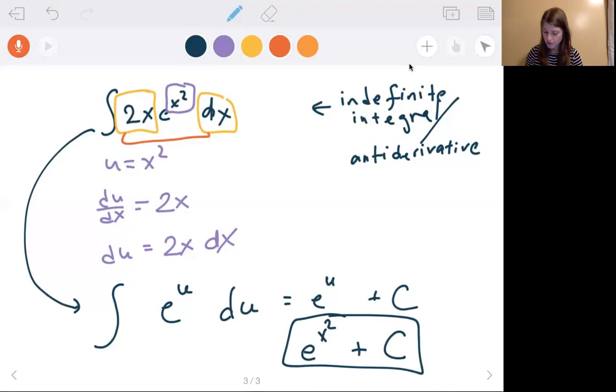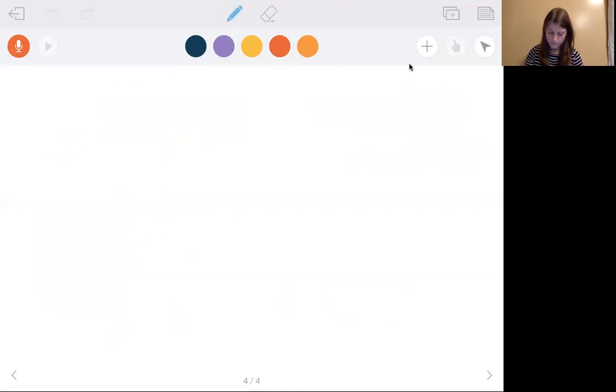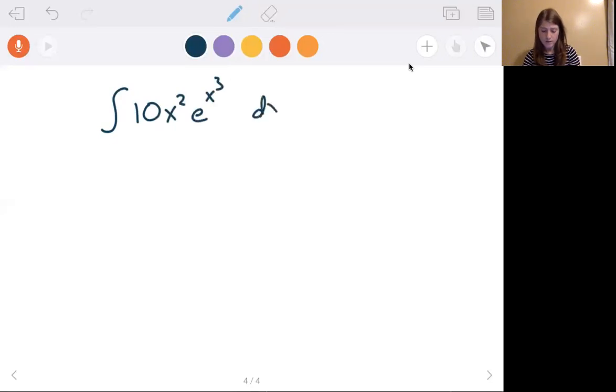So let's try another one that's kind of like this. I'm going to vary this one just a little bit. So let's say we have 10x squared e to the x cubed. Now, you can kind of see that I'm playing around with similar problems to what we've been doing, but with a twist. We have a new inner function on that exponent.